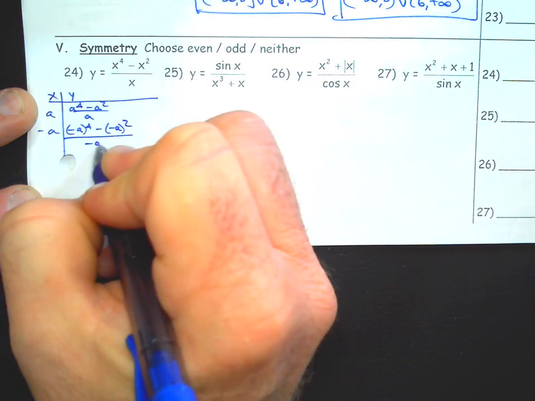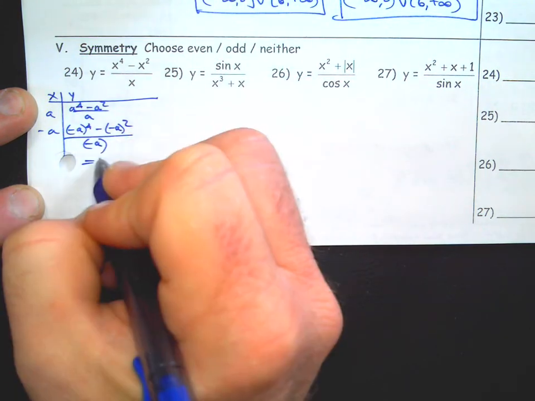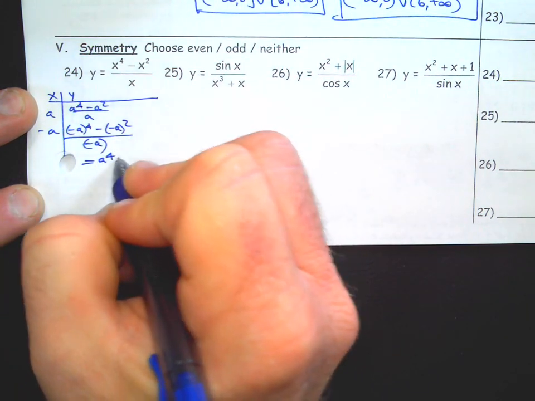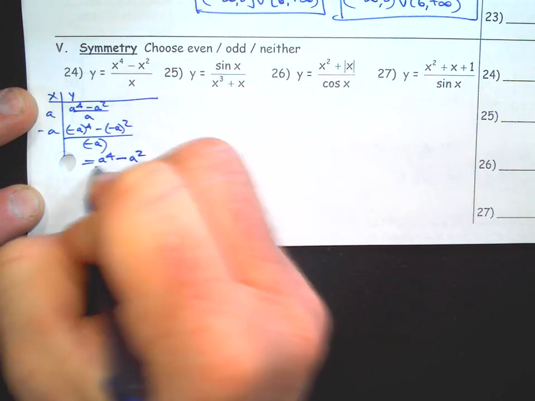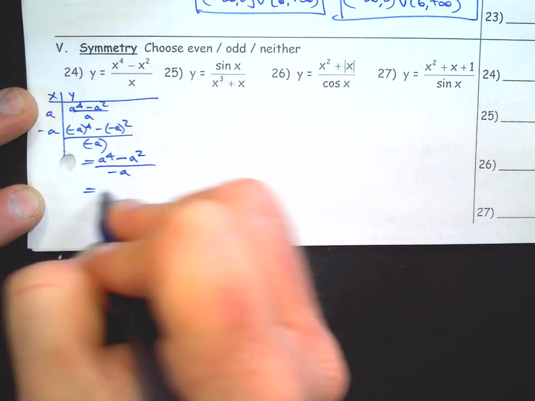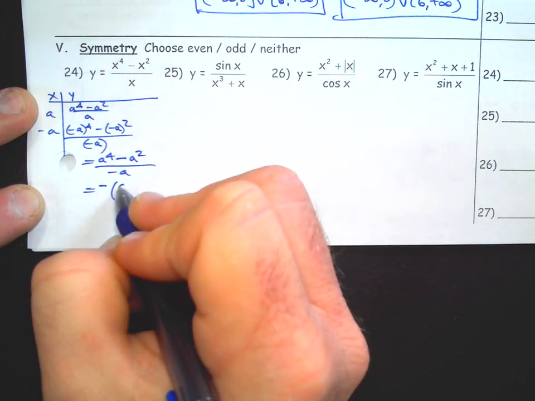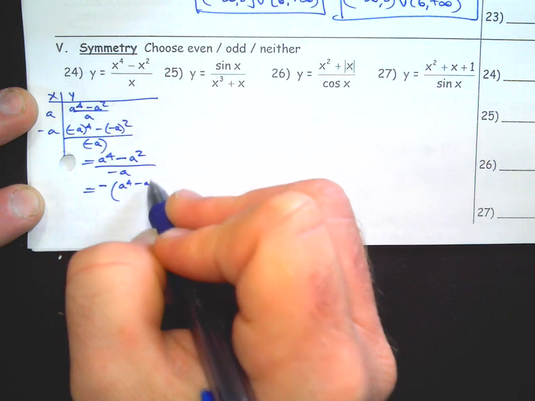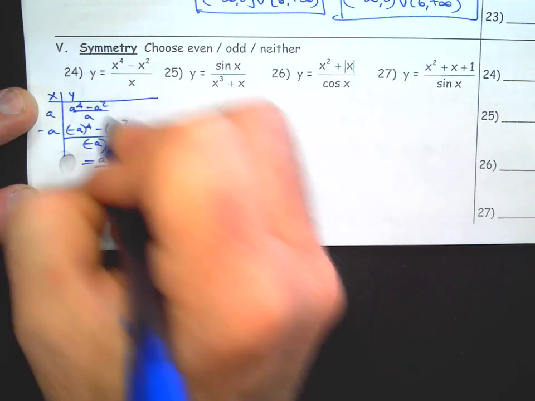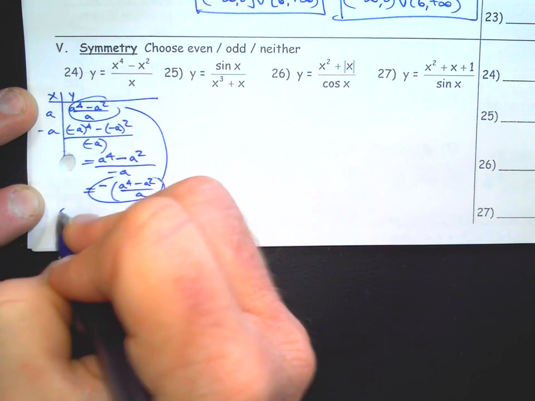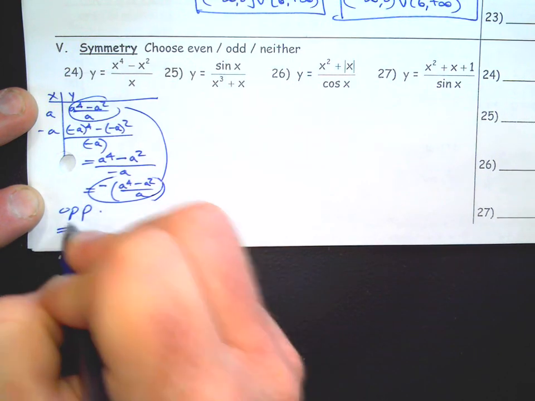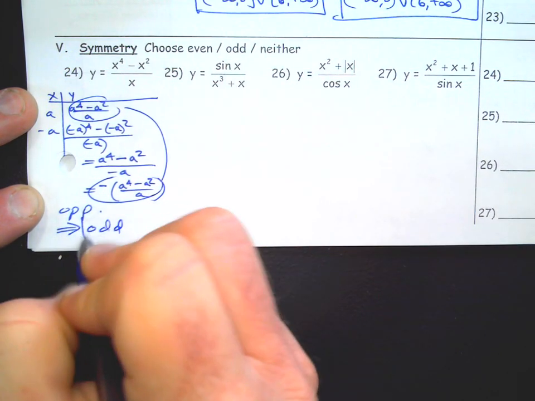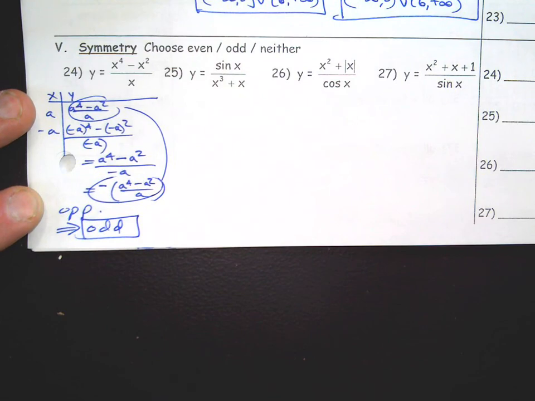And I want to see this work. Now let's simplify this. That's positive a to the 4th minus a squared over negative a. That's the same thing as negative a to the 4th minus a squared all over a, which makes these the opposite, and therefore it has odd symmetry. That's the kind of work I'm looking for.